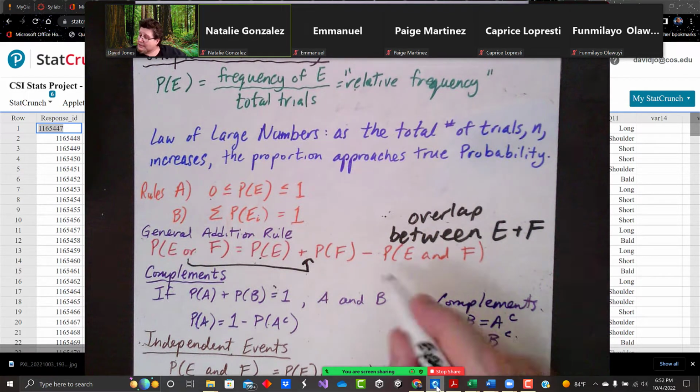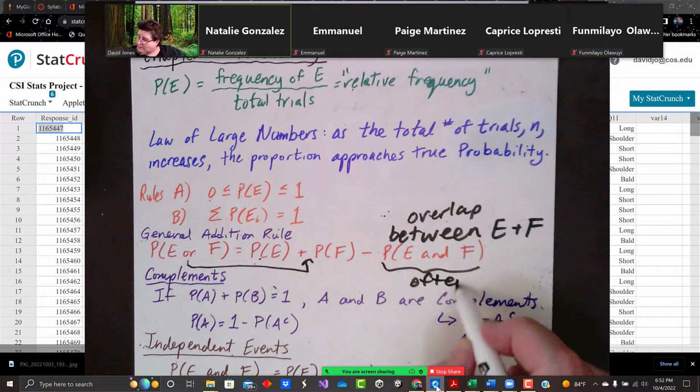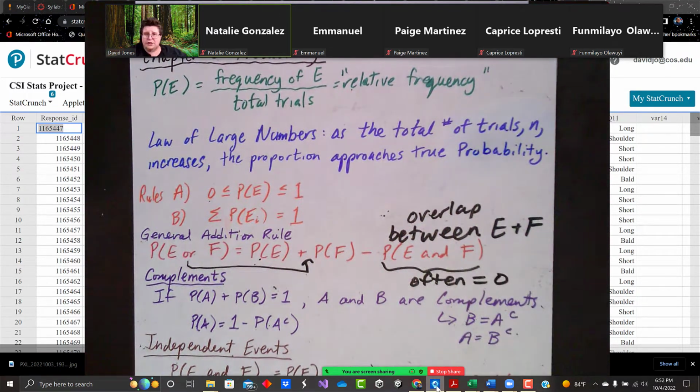So this thing can often be 0, but it's not always. This is the one a lot of people learn when they are in high school. This is less useful because they always forget about this one. If you just memorize this one and know that this is 0 sometimes, you've got it covered.